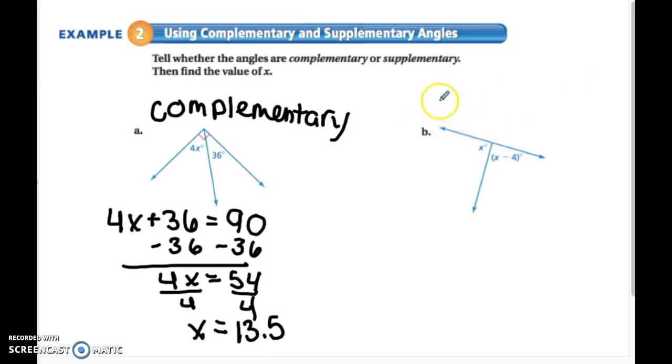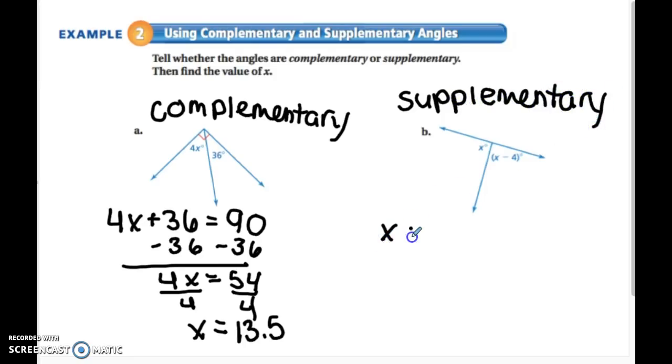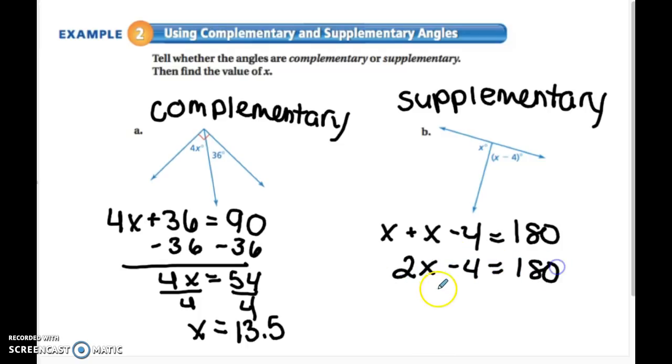In B, we see we have a straight line, so we know this is supplementary. So x plus x minus 4 equals 180. Combine our like terms. X plus x is 2x. Minus 4 equals 180.